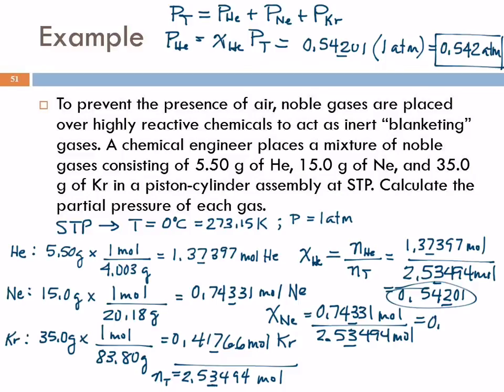The mole fraction is 0.29323. What's the partial pressure of neon? It's the mole fraction times the total pressure. Since the total pressure is 1 atmosphere, the partial pressure ends up being equal to the mole fraction. So for neon, the partial pressure of neon is 0.293 atmospheres.